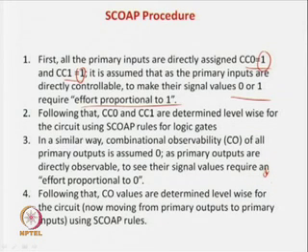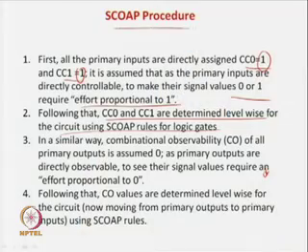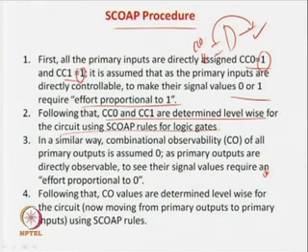Then CC1 and CC0 are determined level-wise using some logic rules. In the last lecture, we saw that for deductive fault simulation there are some rules for going from one level to another in the circuit. Now we will also study the combinational circuit rules, the SCOAP rules, that is, how the rules are applied when you go from one level of the circuit to another. If you know the CC0 of this net and the CC0 of this net, what is the value of CC0 of this net?